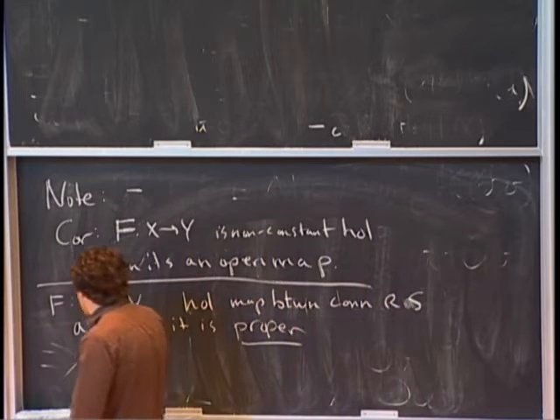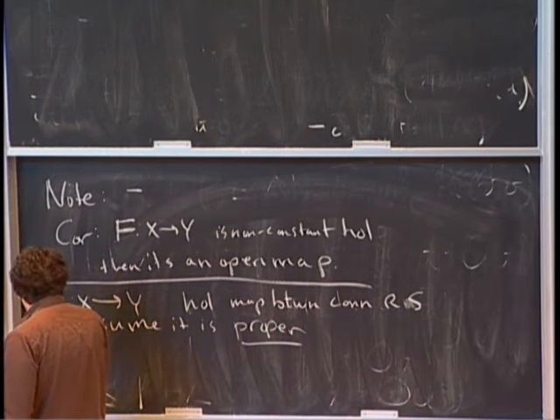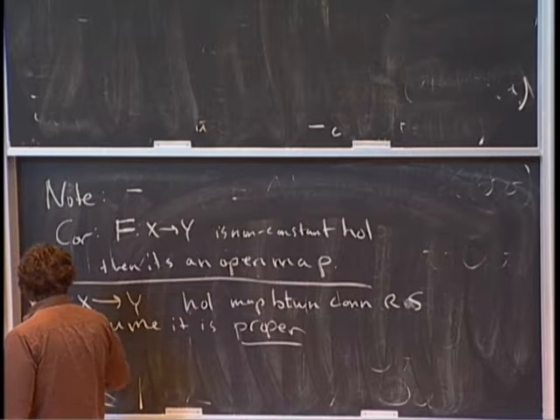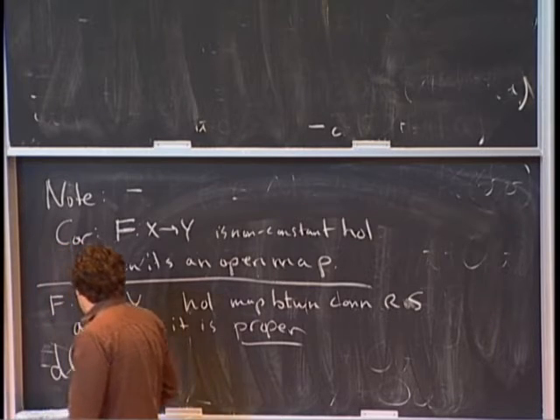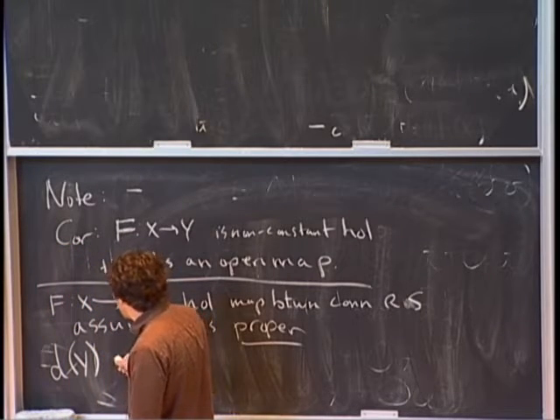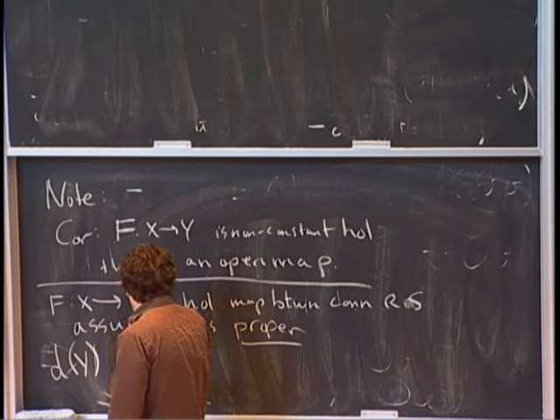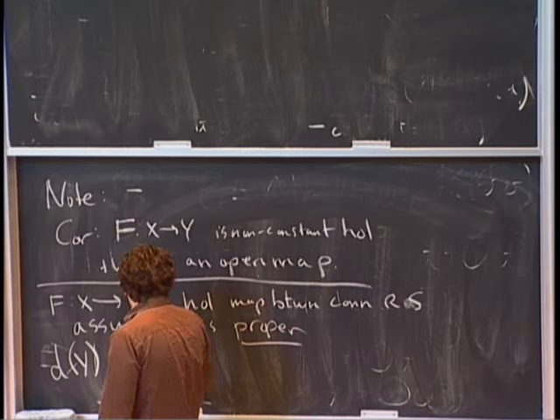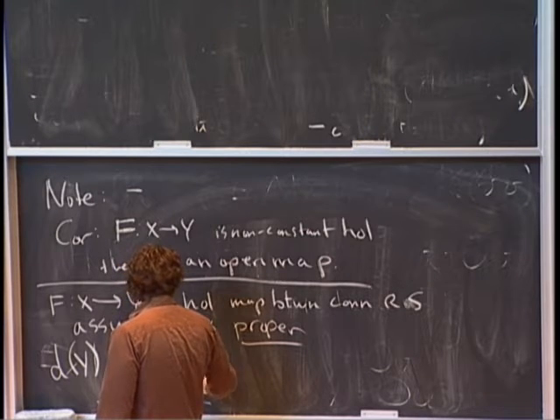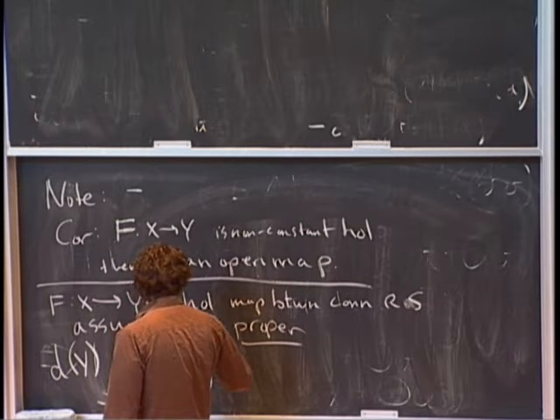So under this assumption, we're going to make the following definition. We're going to define this number, maybe called the local degree at the point y, which is going to be the sum over x in the preimage of y of k sub x. Okay?